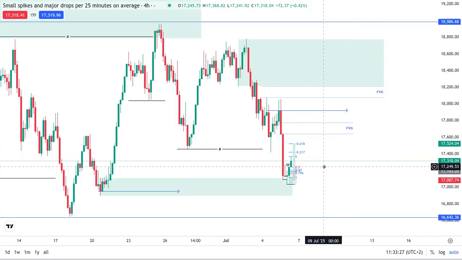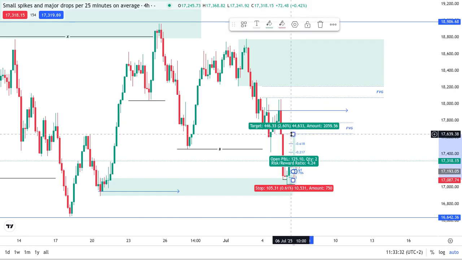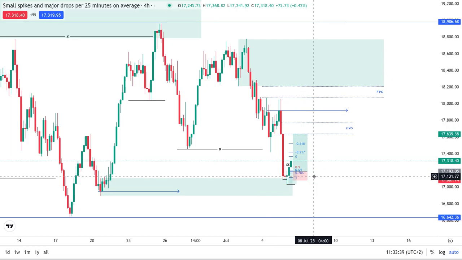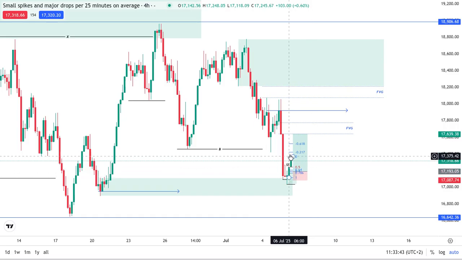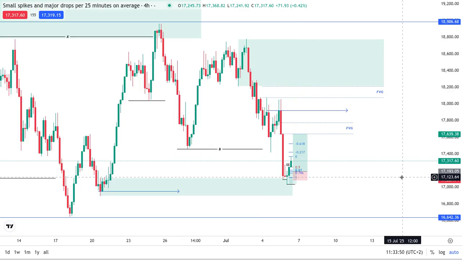This will be our early fair value gap, and we can target this very fair value gap right there, giving us a risk reward of 4 to 2. Yeah, so until price actually comes to this level or shows us a way to retest these levels, I'm going to sit on my hands and just wait or place some pending orders. But since today is Sunday and I have nothing to do, I'm just going to be waiting on this trade.